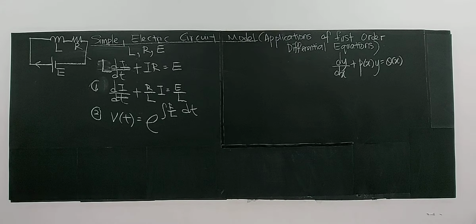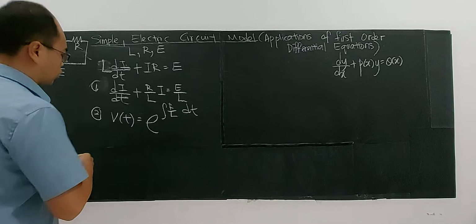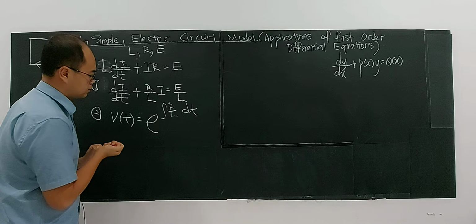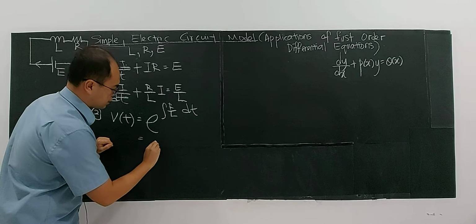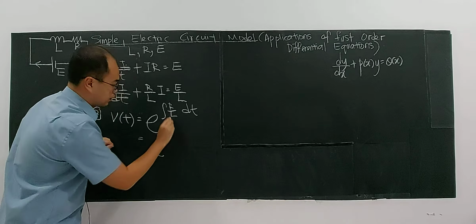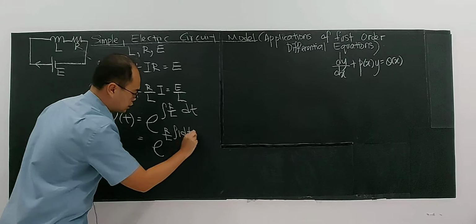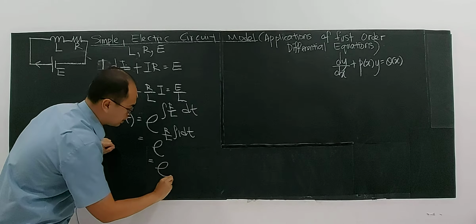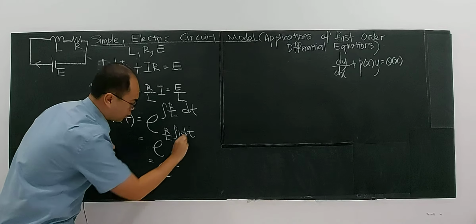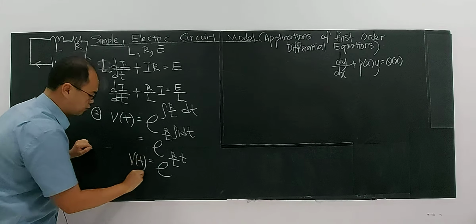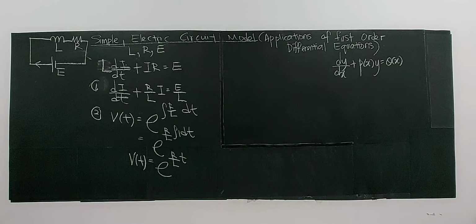As we integrate a constant, we can take it out. So we can rewrite this as exponential of R over L times the integral of 1 dt, which gives e to the R over L times t. This becomes the integrating factor for this model.